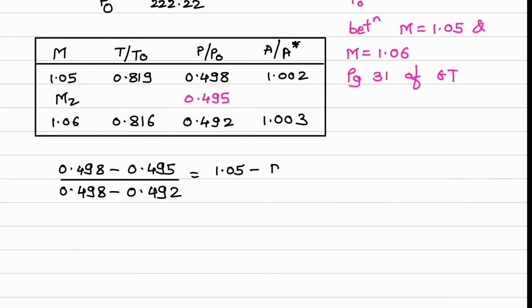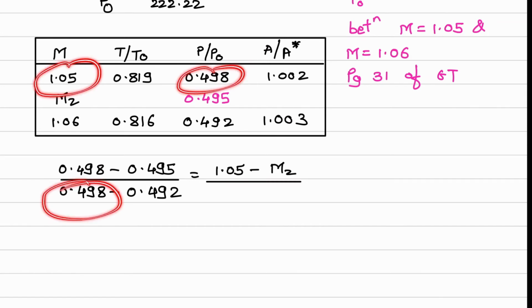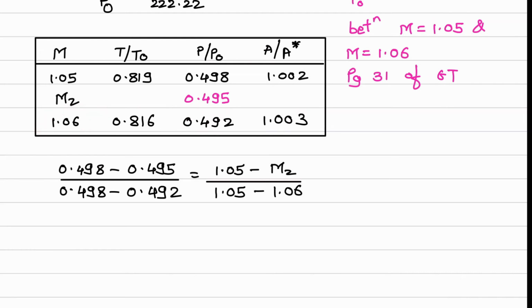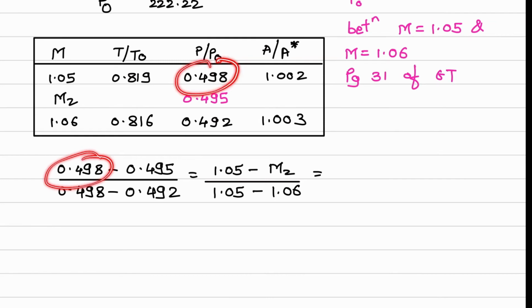So I'll write down minus M2 divided by, for 0.498, what is the Mach number? 1.05 minus, for 0.492, what is the Mach number? 1.06. Same way, the next thing we will see temperature ratio T by T0. So I'll write it equal to, for 0.498, what is the temperature ratio?